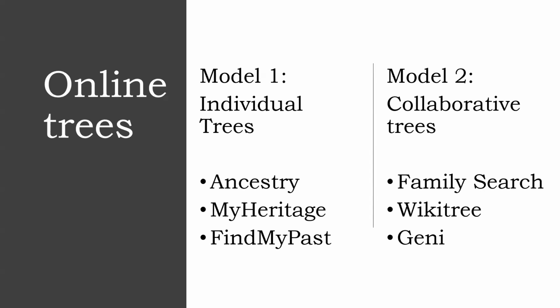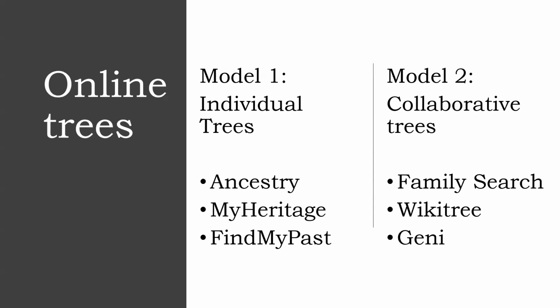And at all of these, you get more features, more flexibility if you're a paying customer than if you're a free user. The other model is collaborative trees. And this is what FamilySearch, WikiTree, and Geni do. The idea on these is everybody works together on one tree.